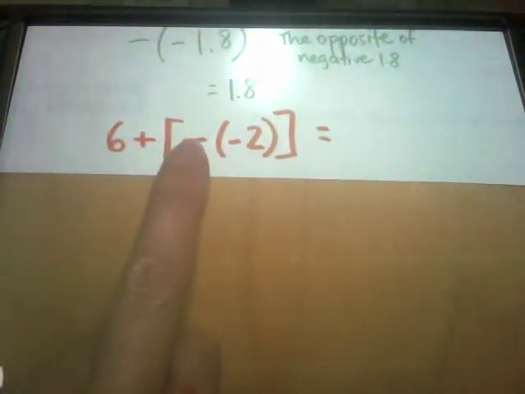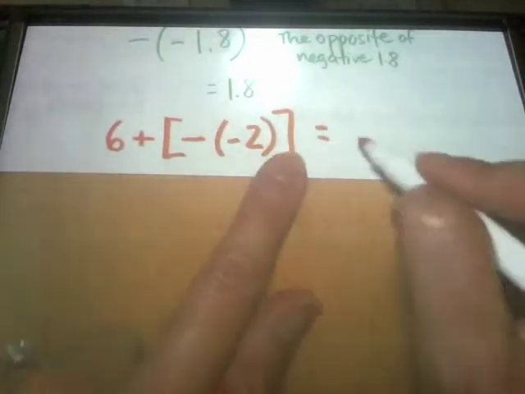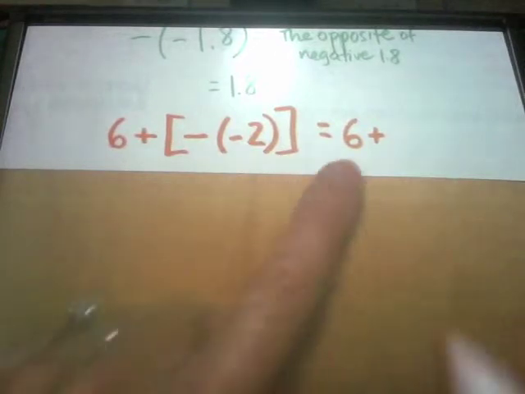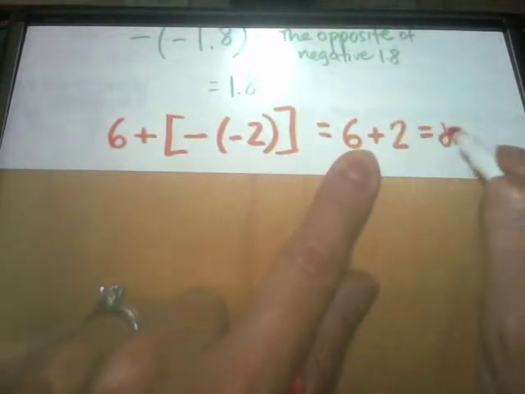If this means the opposite of -2, what are we adding to the 6? What is the opposite of -2, Diego? 2. So just starting to get familiar with that idea that that minus, that first one, can mean the opposite of whatever comes next. Okay?